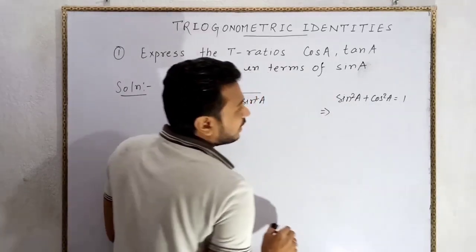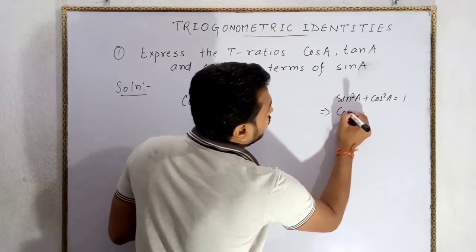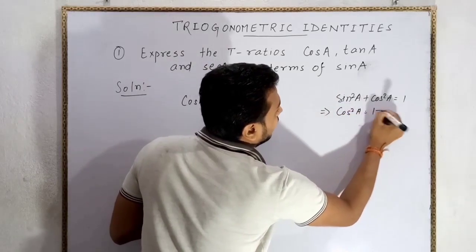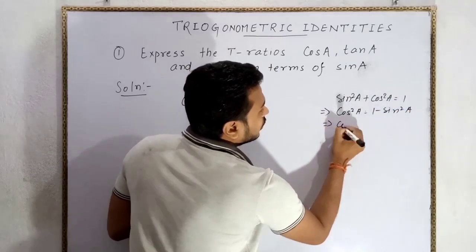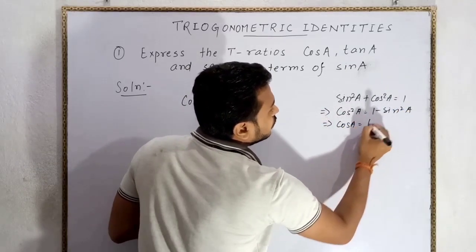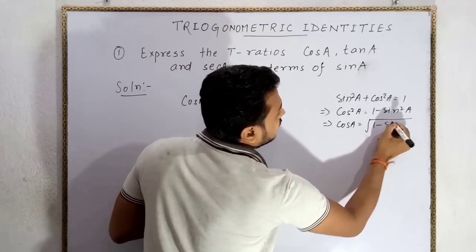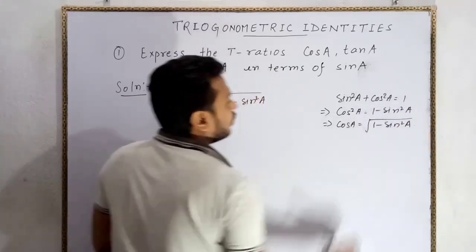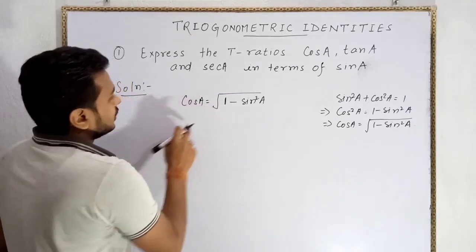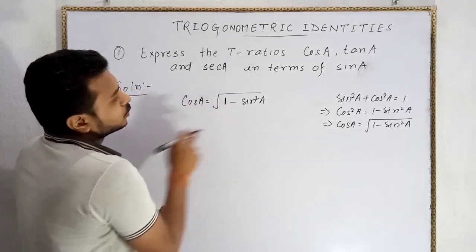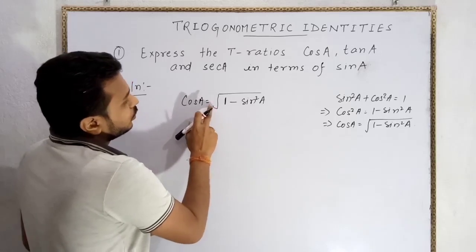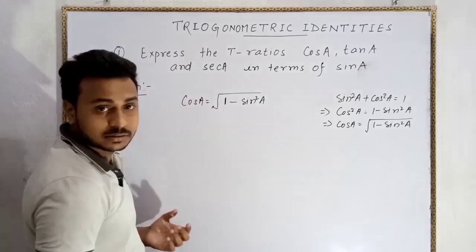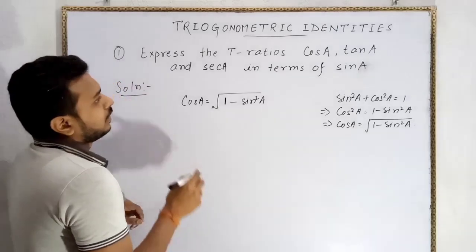Then we can write cos square A is equal to 1 minus sin square A. Then cos A is equal to root under 1 minus sin square A. Thus, cos A in terms of sin A, we can write cos A is equal to root under 1 minus sin square A.